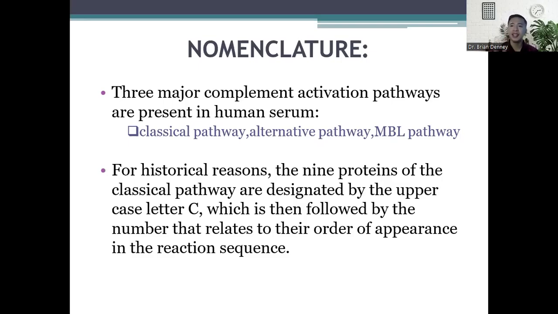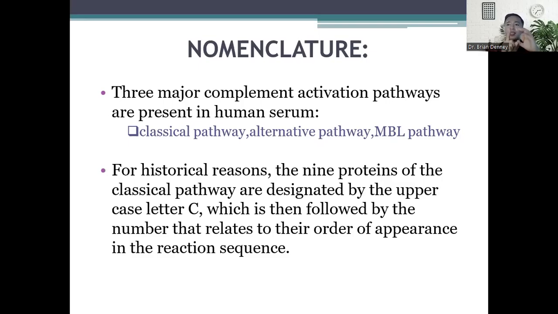But here's the trick. Here's the twist. They are named in order of their appearance in the reaction sequence. Except, take note, C1, meaning it appears first. It is activated first in the sequence. Okay, C1, good, first, C1.